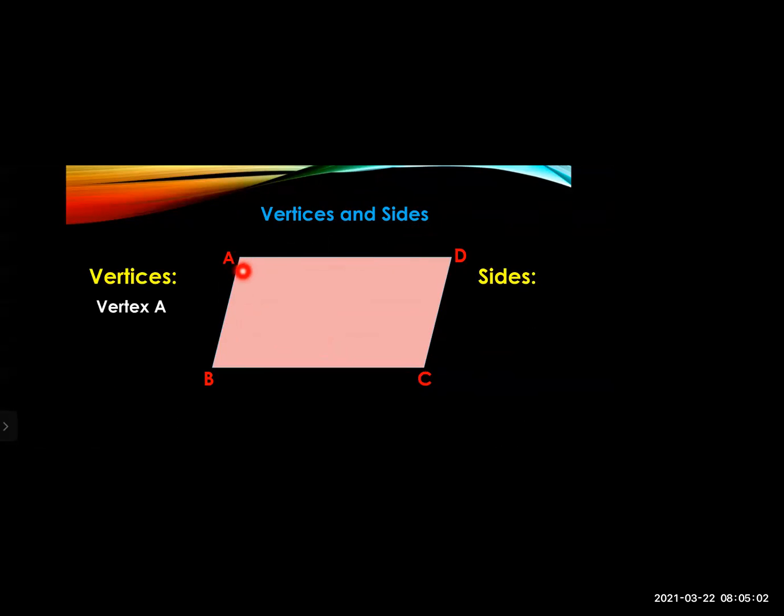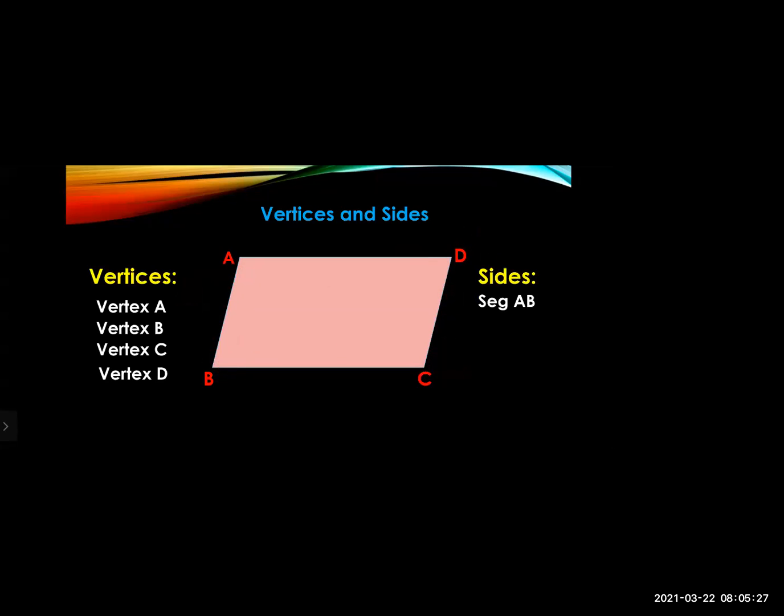When the sides are joining at a certain point, that is called a vertex. So first this is vertex A, vertex B, vertex C, and vertex D. So a quadrilateral has four vertices.